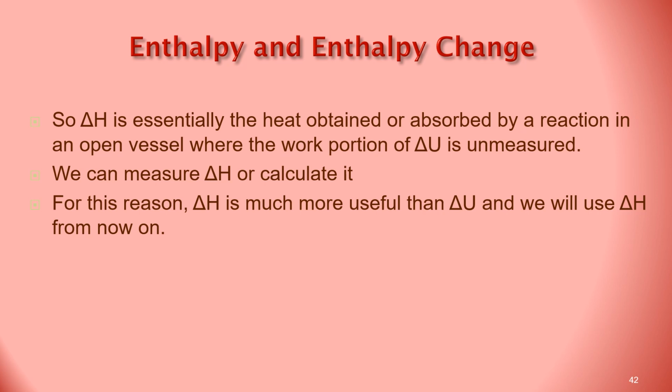Okay, so delta H is essentially the heat released or absorbed by a reaction in an open vessel where we're not really worried about the work portion. We're not measuring it. So it's easier to calculate. It's more useful than delta U. We don't have to worry about all that pressure volume work. And so we're going to use delta H from now on.